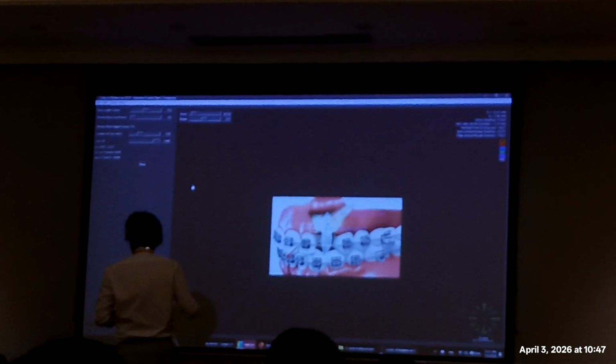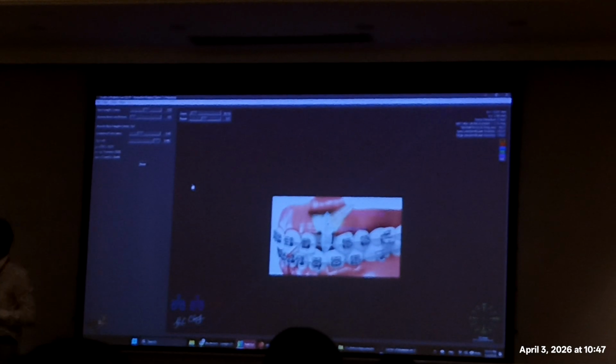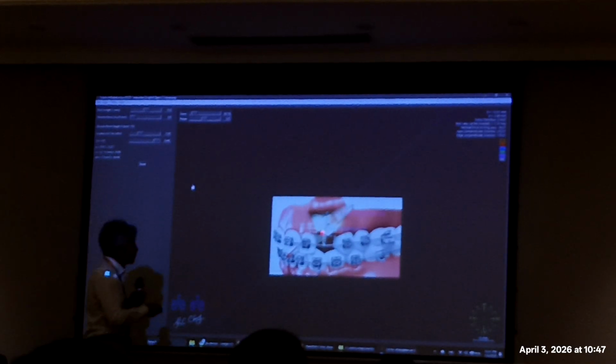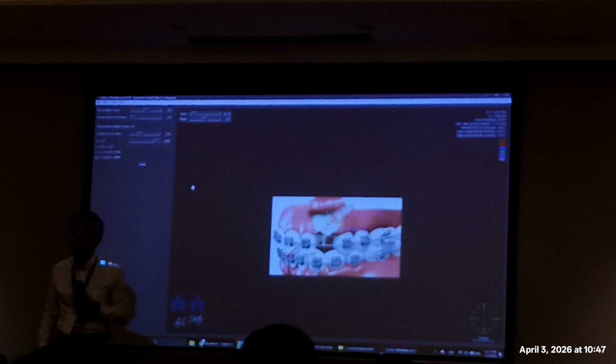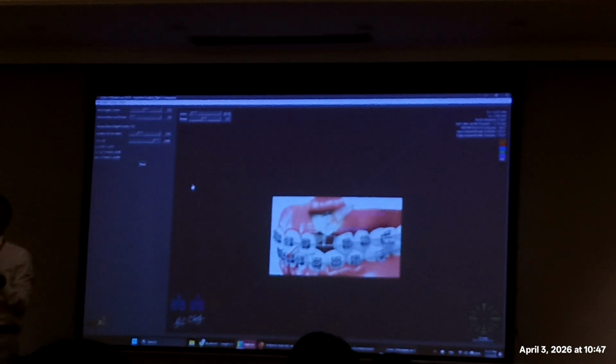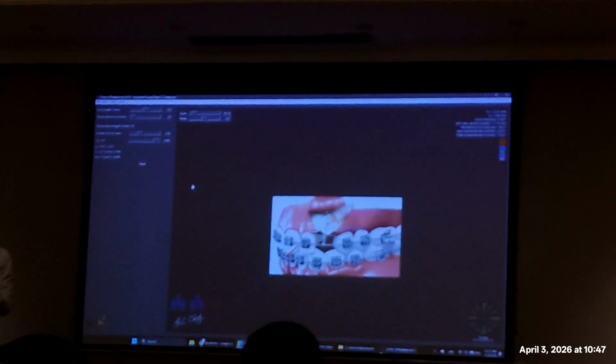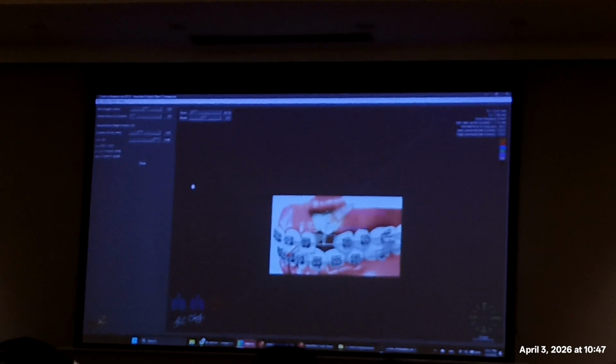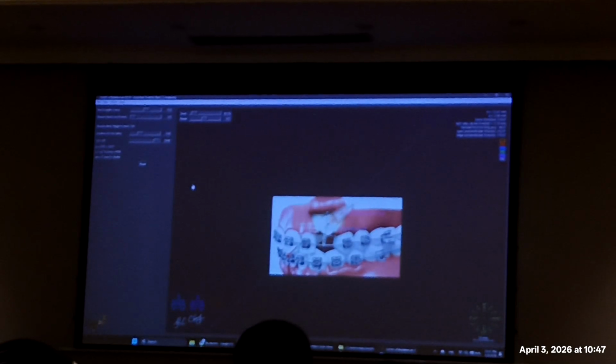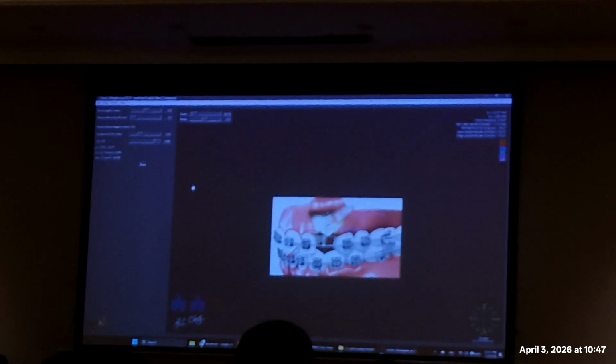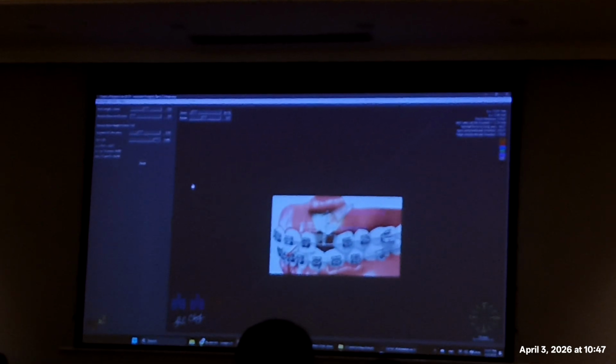So that's why I inserted the function of Control 1 and 2. If you press Control 1 and 2, only the long axis will be displayed. And the shape of the incisor is not relevant. It's just artistic. Okay? The important thing is just the long axis, not the shape of the tooth. So don't blame me that you are using an incisor, not a cuspid, but it doesn't matter. Okay? You get the idea?